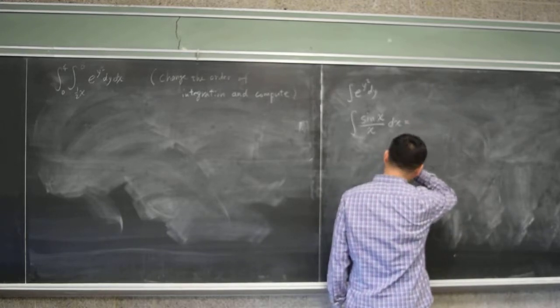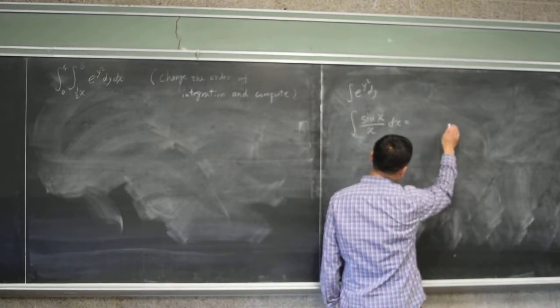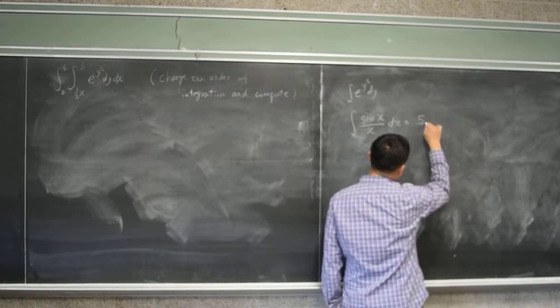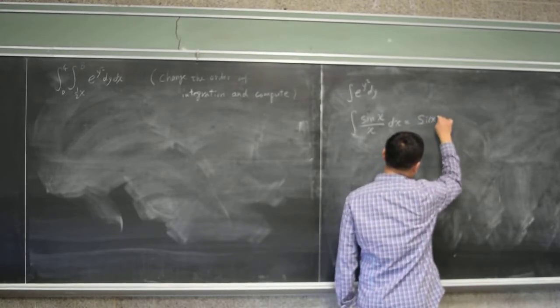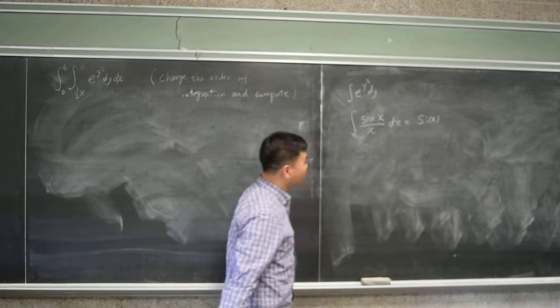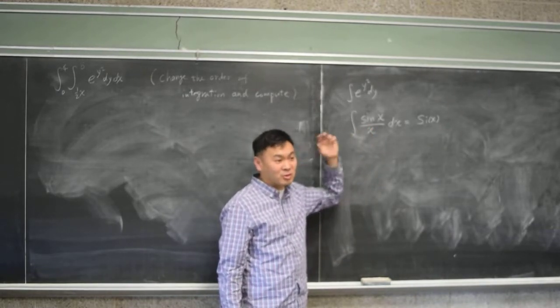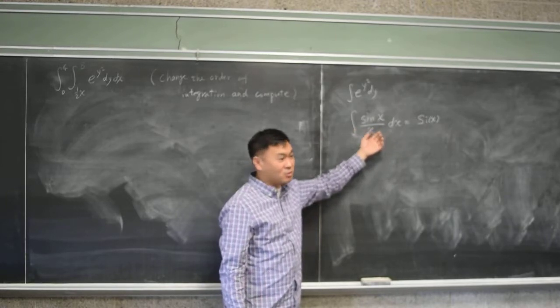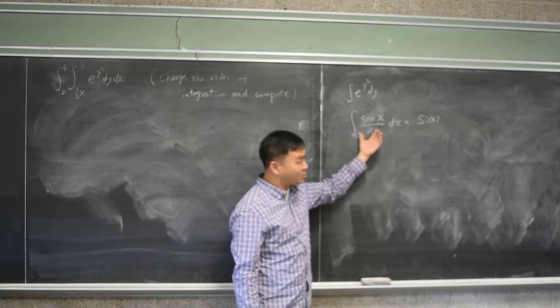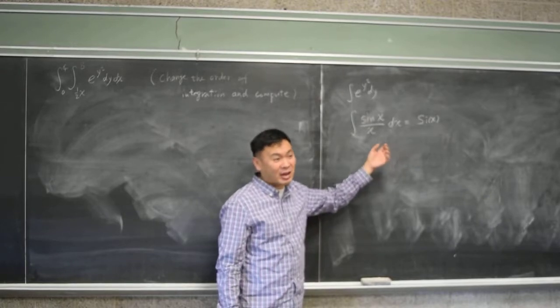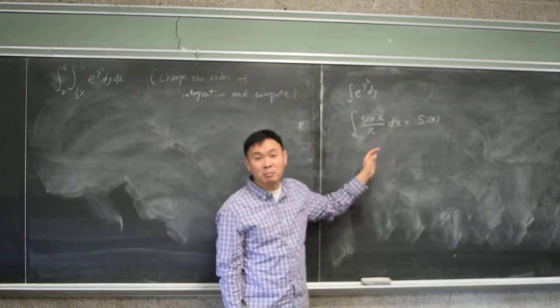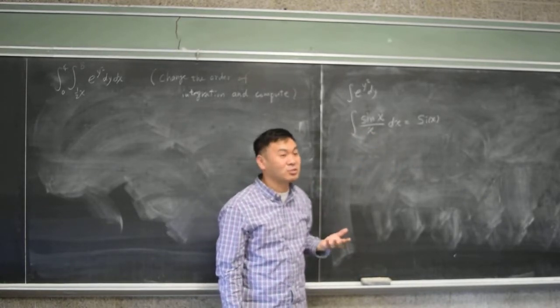And what scientists did was they just wrote it as the sine integral function, because the integral of this function apparently is important in optics and stuff like that. So they really need the antiderivative of this function, whereas the antiderivative cannot be represented by any of the functions that you know.